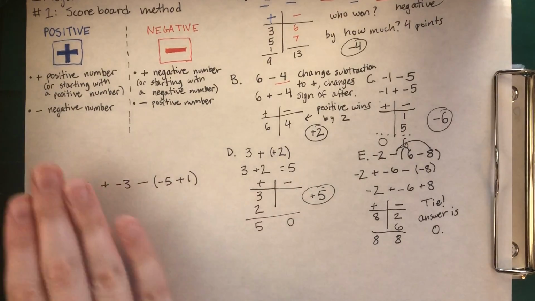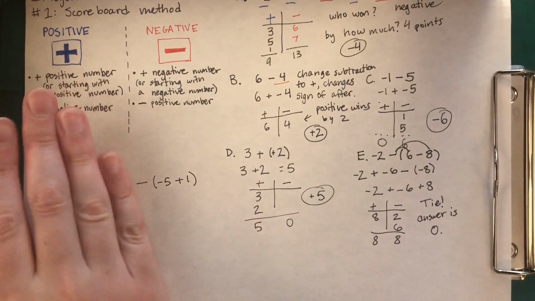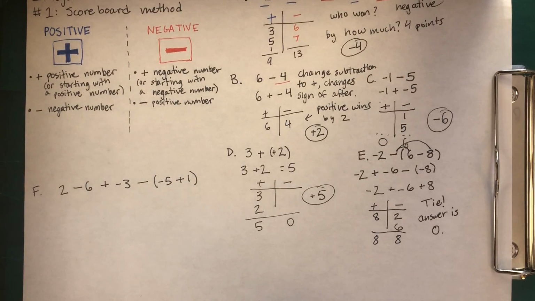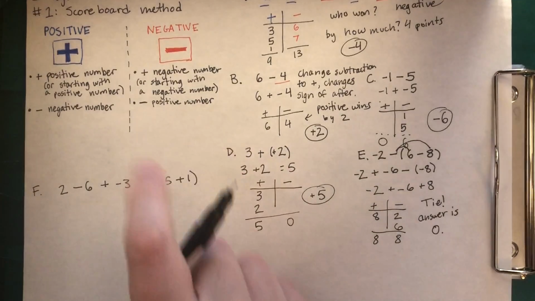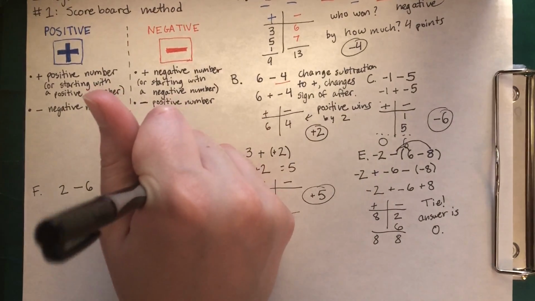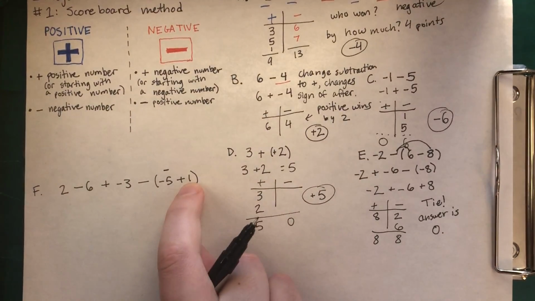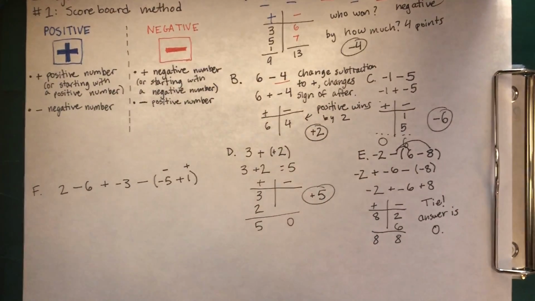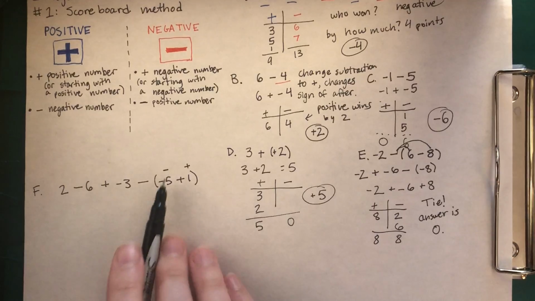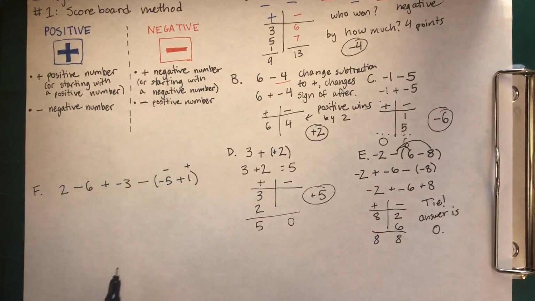And if we were ignoring everything outside the parentheses, then this one would belong to the negative team, and this one would belong to the positive team. Right? We have a negative number and a positive number.